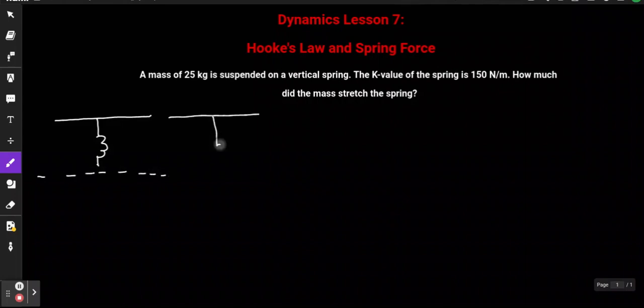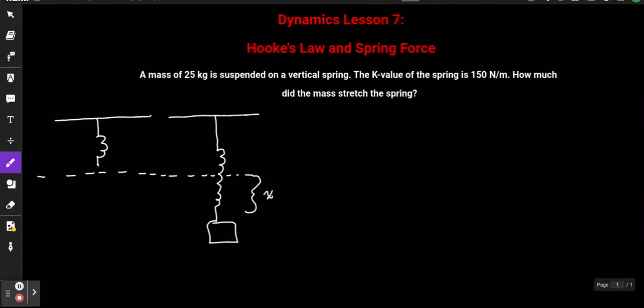Our mass was hung and it stretched the spring, oops, that's a really bad picture, and it stretched the spring some distance below the equilibrium position. That means that this is the x we're looking for.